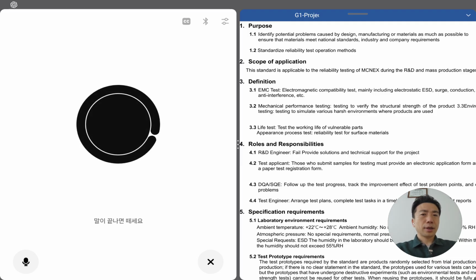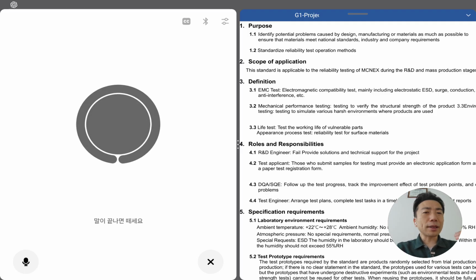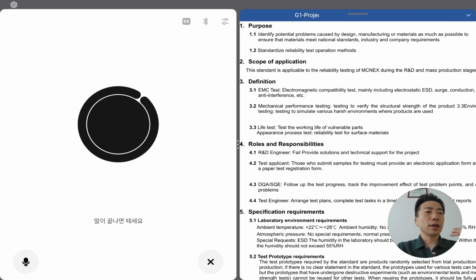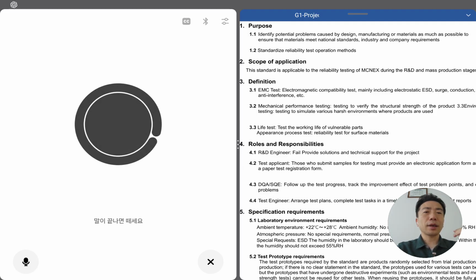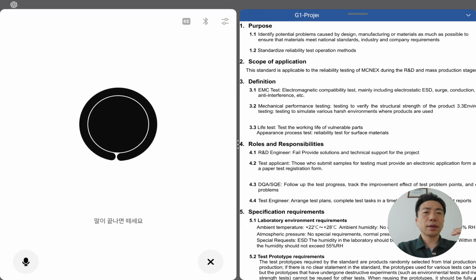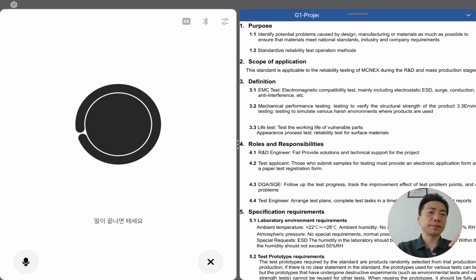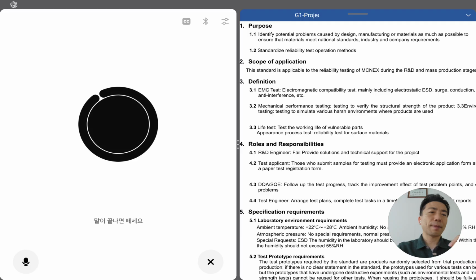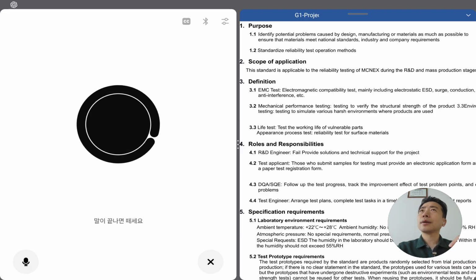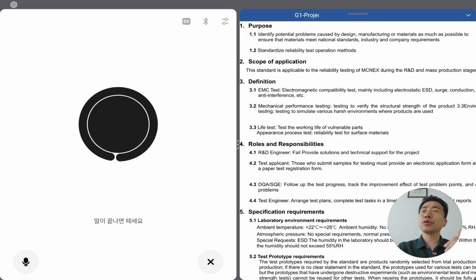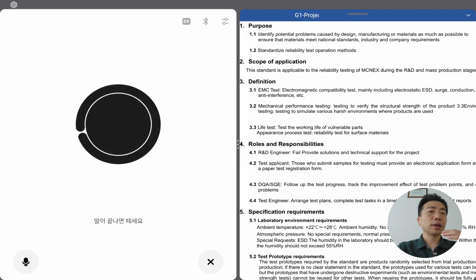EMC test: electromagnetic compatibility test, mainly including electrostatic ESD, surge, conduction, and interference, etc. What do you say about this? Do you understand this 3.1 line with my poor pronunciation?